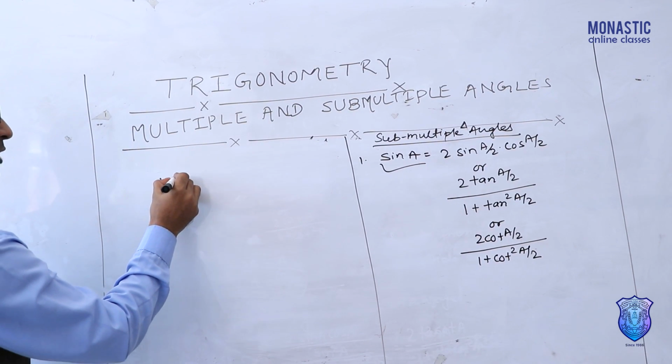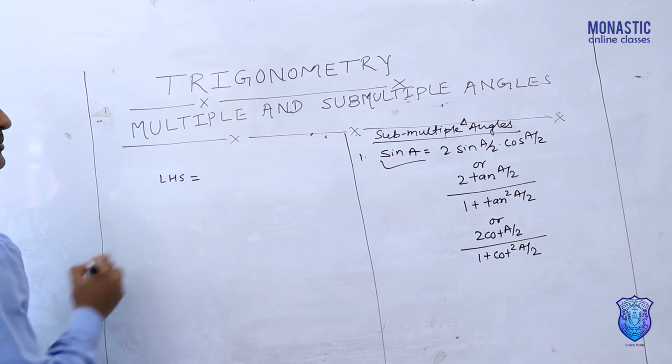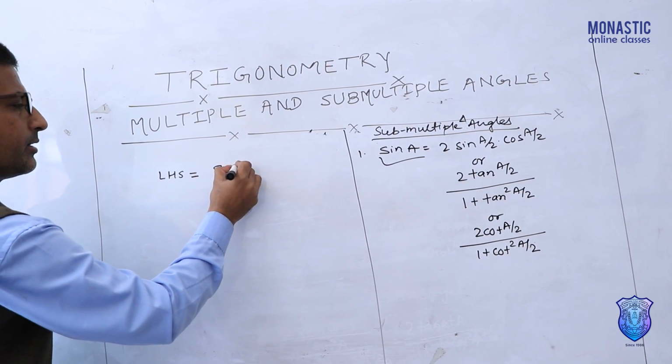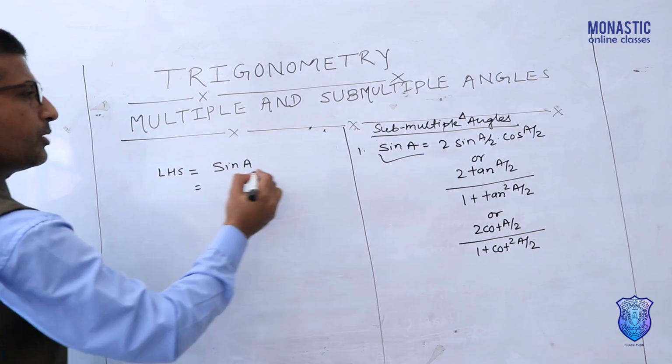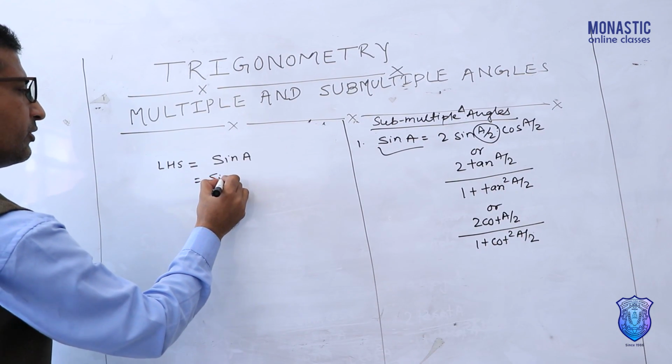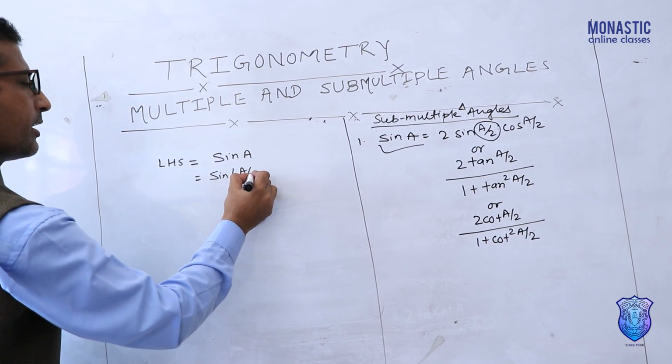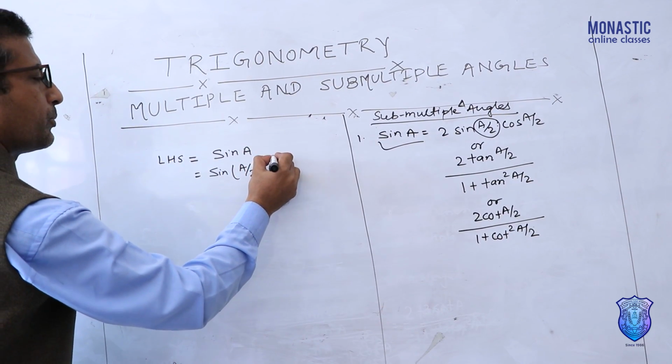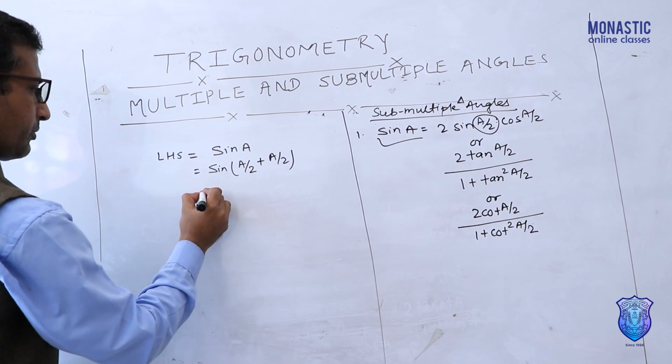Now, how can we prove this formula? The same as what we have done earlier. Here is sine of A, but we want the result in A by 2. So in place of A, we write A by 2 plus A by 2.